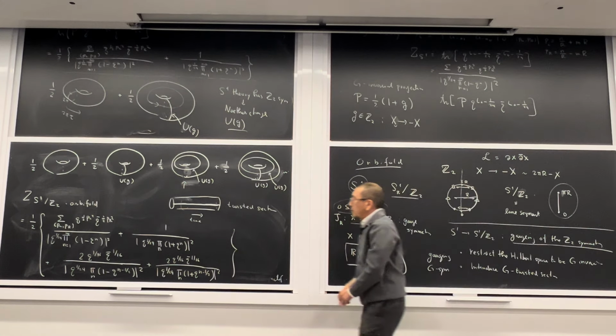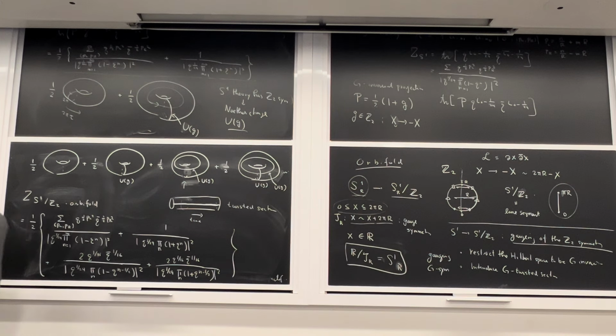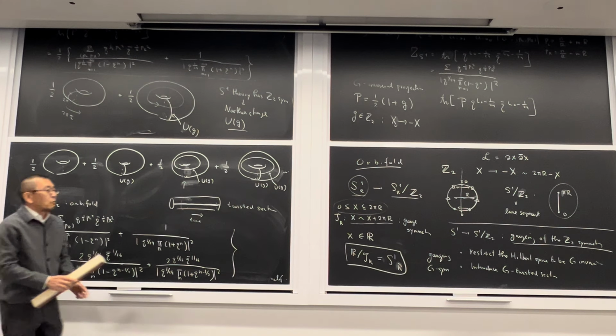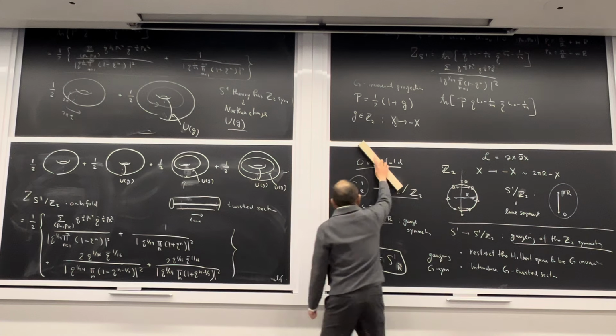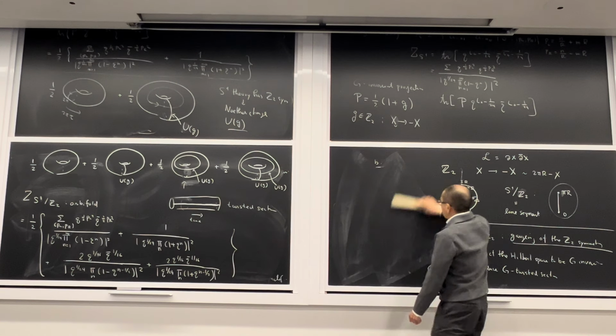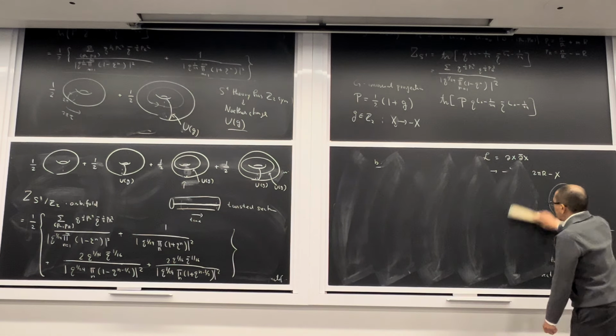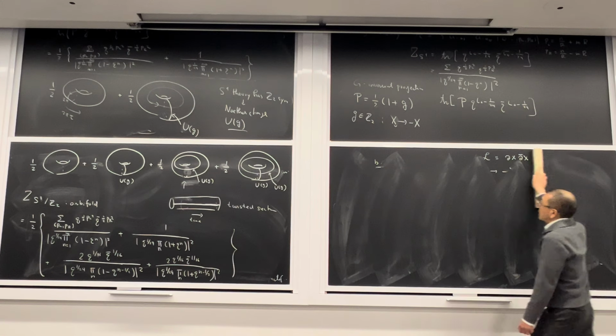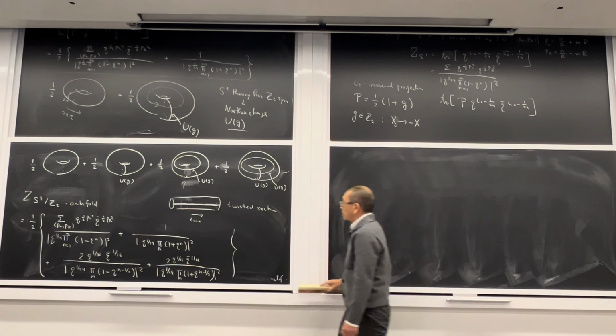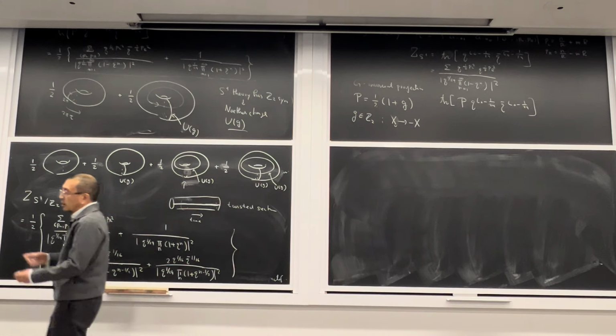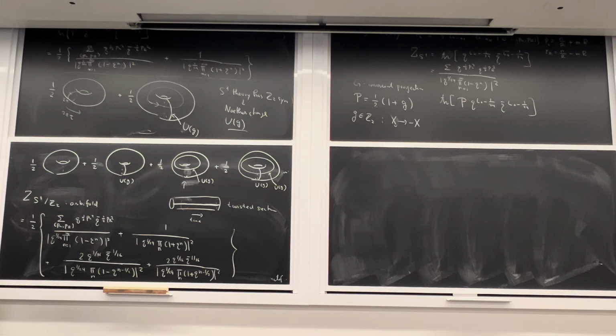Okay, by modular invariance, we need to learn one more thing in addition to what we have seen. That is that if you try to gauge this discrete symmetry, we need to restrict the Hilbert space to be group invariant, and also introduce twisted sector.